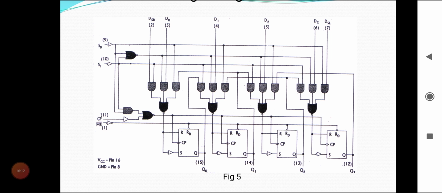The clock pulse goes through an OR gate, S0 and S1 are connected with the AND gates and a NOR gate, and the clock pulse is connected to all the flip-flops. The S1 and S0 through NOT gates are connected to the left side AND gates. S0 is connected to the right side AND gates.